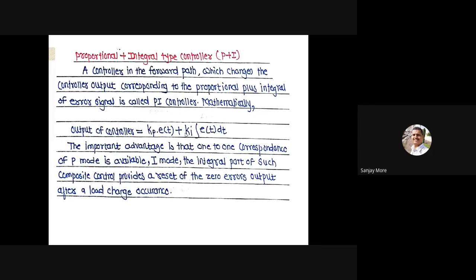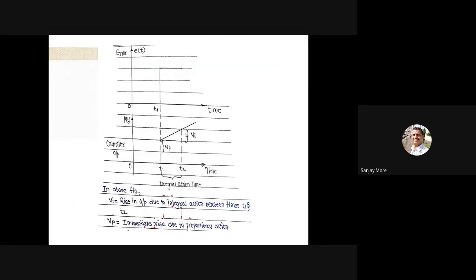The important advantage is that the one-to-one correspondence of the P mode is available, that is the I mode. The integral part of such a composite control provides a reset of zero error output after a load change occurrence. Here two graphs will be there, error versus time and output versus time.